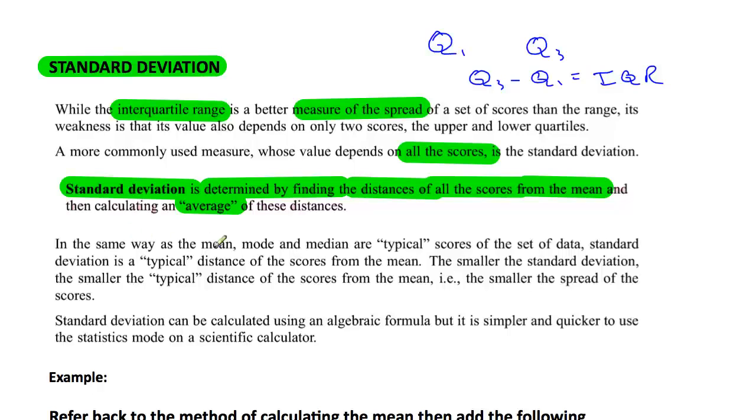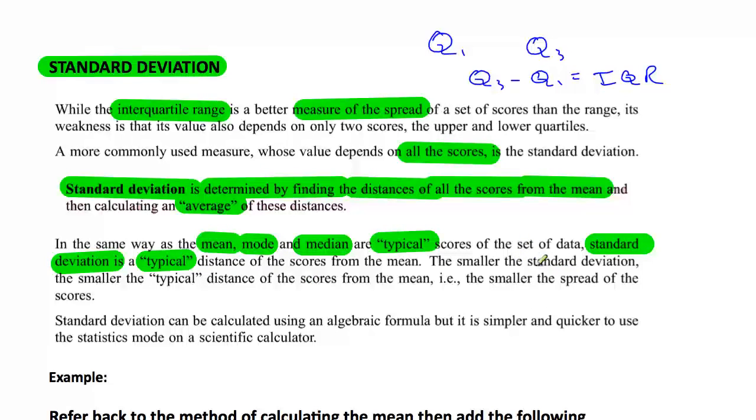So it says here, in the same way as the mean, mode and median were typical scores, remember, they measured the central tendency, or the middleness of the scores. The standard deviation is also typical, but it is measuring the distance away from the mean, so it's the spread.